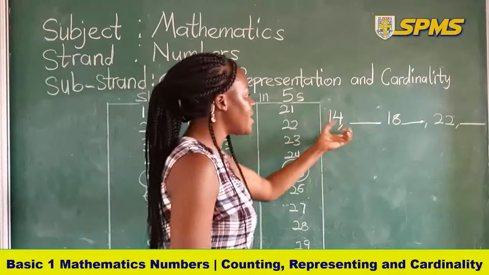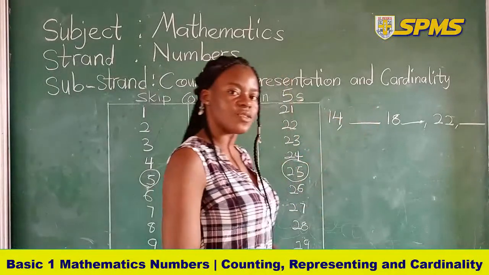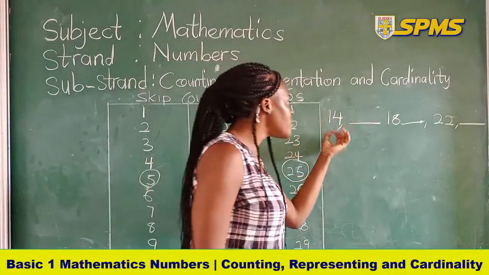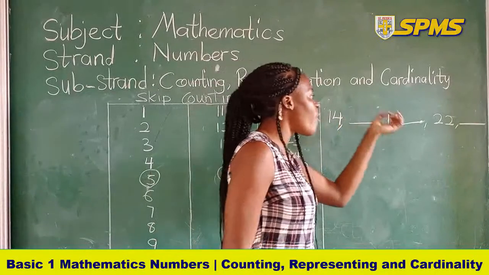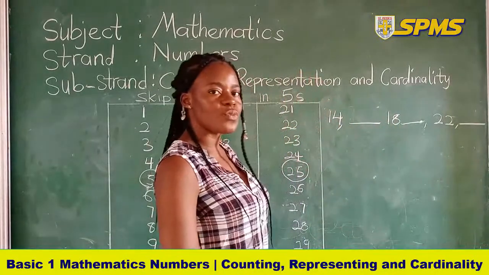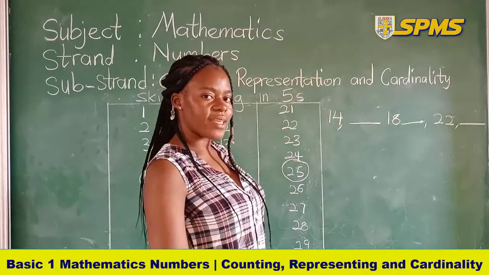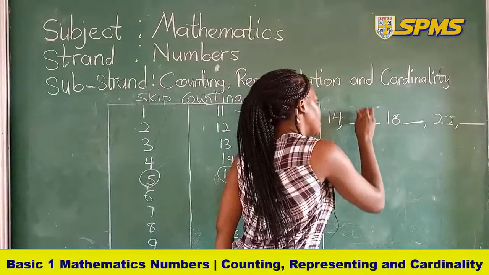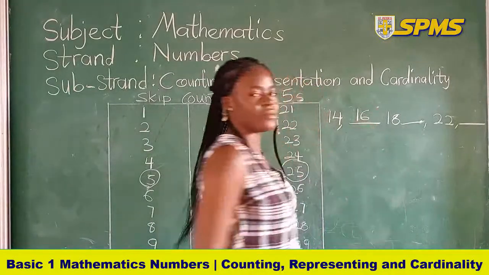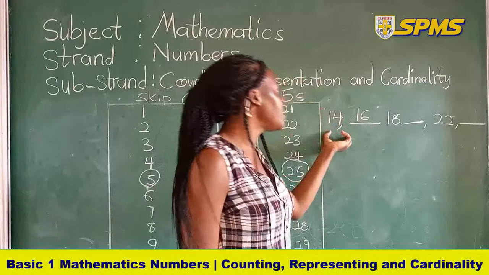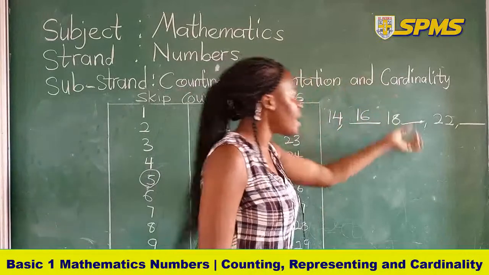So what will be the number here, the blank space? From 14, we have blank before 18. So what will be the number? Yes, 16. Very good. So 14, 16, 18.